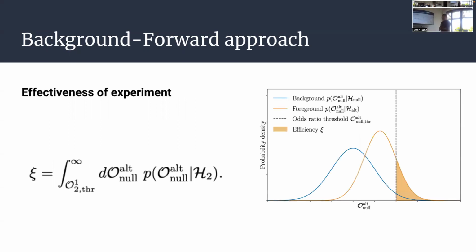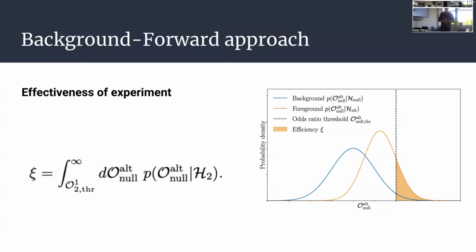And also, as I said, you can compare how sensitive your experiment is given a threshold that you want. Let's say for a 5 sigma threshold, again I calculate the threshold as on the previous slide, and that generates a foreground. So therefore, it's the distribution of the test statistic, but now the alternative hypothesis is true.